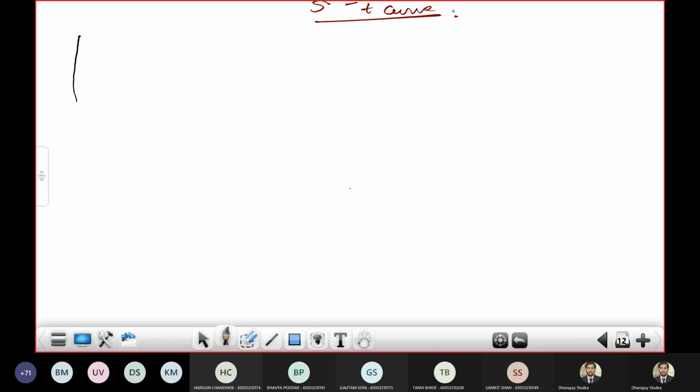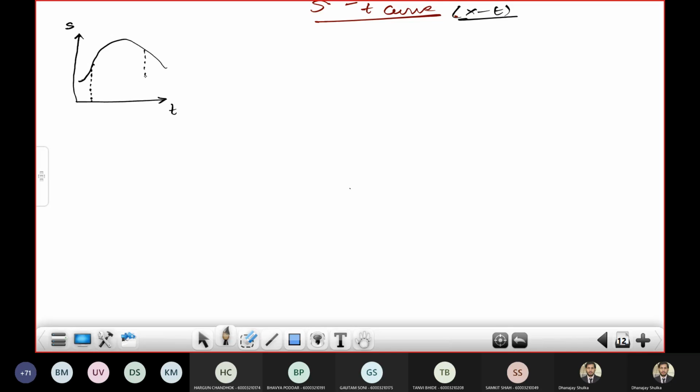ST, or you can also call this an XT graph. As the name indicates, XT graph. As I already told you, the x-axis will represent your time axis, and the y-axis will represent s, that is displacement. Now let's say any random curve I am taking, and any two intervals in between.